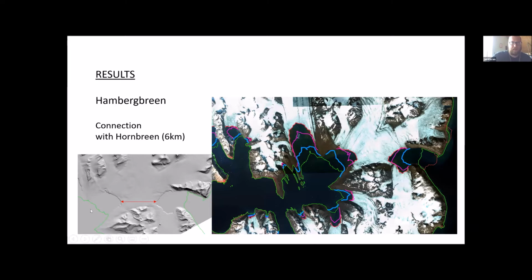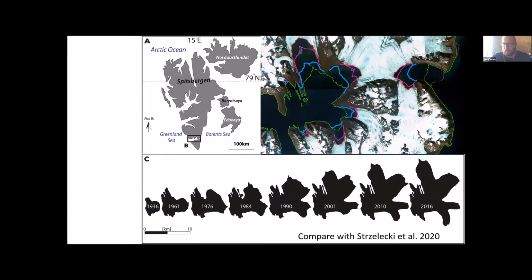And basically after a few decades, there is only like 5 or 6 kilometers of ice left between the east coast and west coast. So according to some authors, Hornsund should probably be connected to the east coast by this passage in 20-25 years.